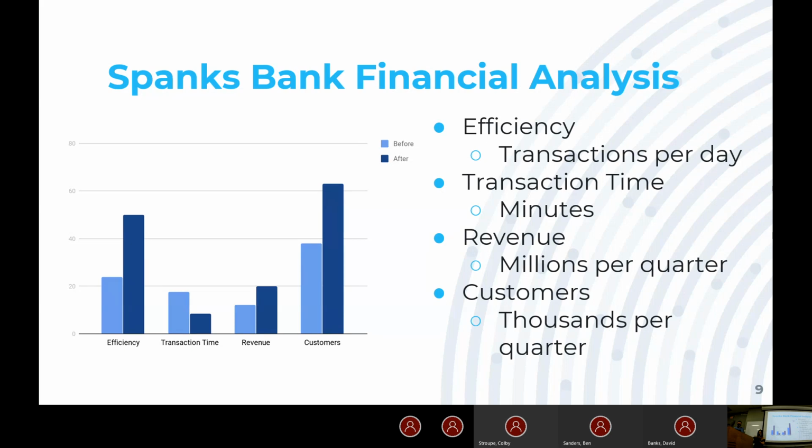The transaction times went from roughly 20 minutes per transaction to 10 minutes per transaction, cutting the time down by half and making it so much more efficient. In terms of revenue, it increased from $12 million to $20 million per quarter. And finally, it went from 38,000 to 63,000 customers per quarter for our bank firm.